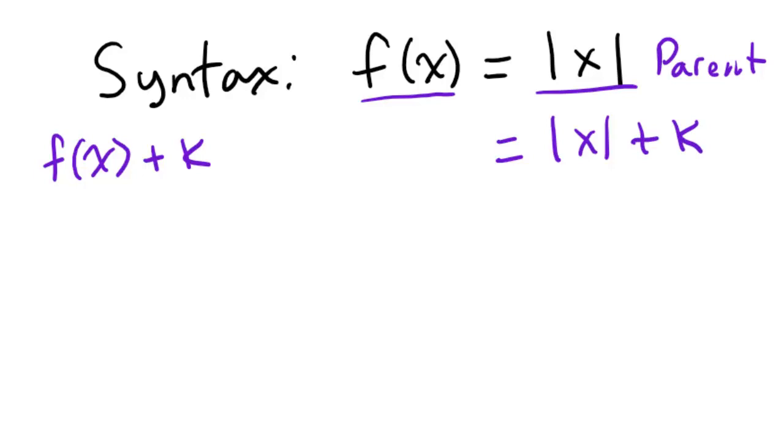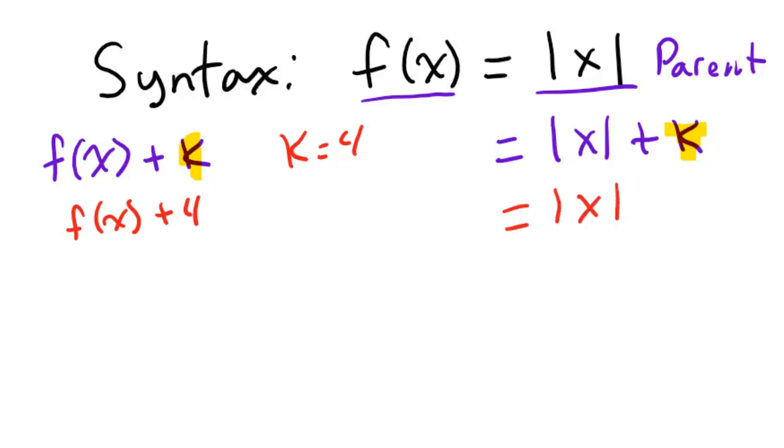Well, this k here is just a parameter. So somewhere else we could say let k equal 4, then this would be f of x plus 4, and the actual function itself would be the absolute value of x plus 4. So that parameter there is just waiting for some input value, some meaning.